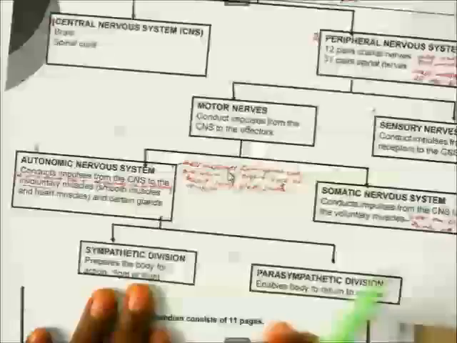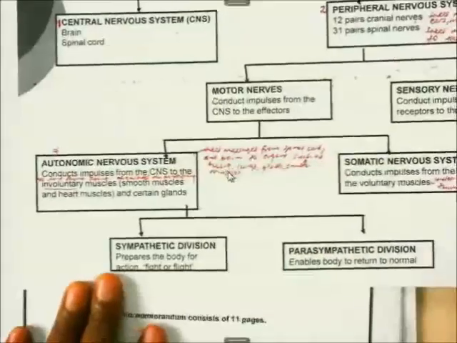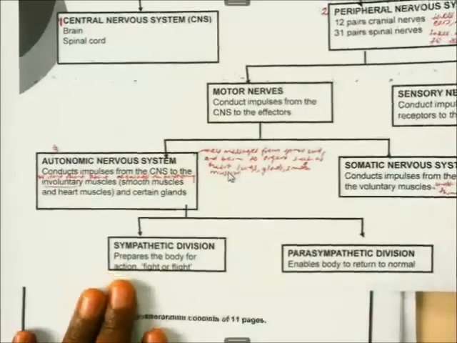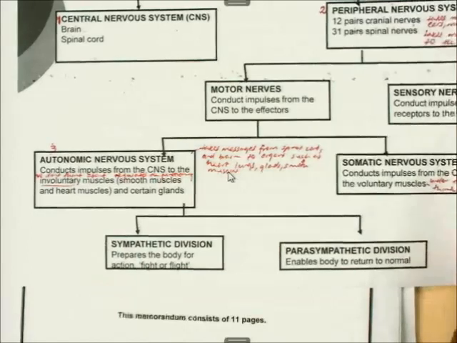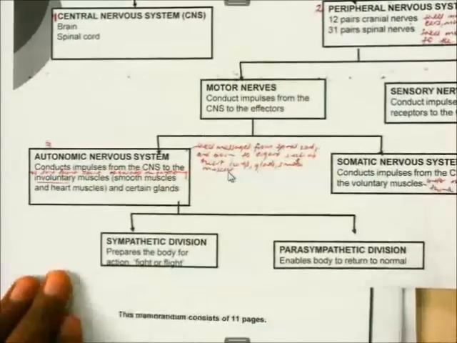This autonomic nervous system is further divided into two systems, which are the sympathetic division as well as the parasympathetic division.